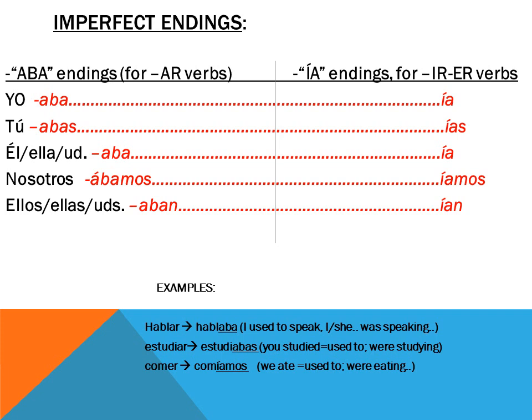You were in the process of studying. You used to do that, you had the habit to do that, or you were doing it. And finally, comíamos can be translated as we ate, but again, because it's ía endings, it's imperfect, so it's we ate in the sense of we used to eat or we were eating or something like that.